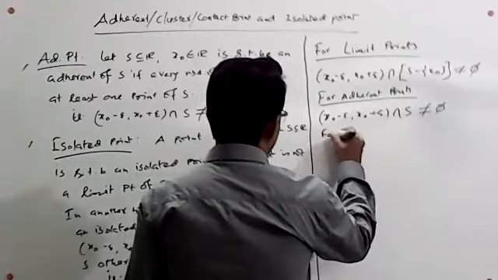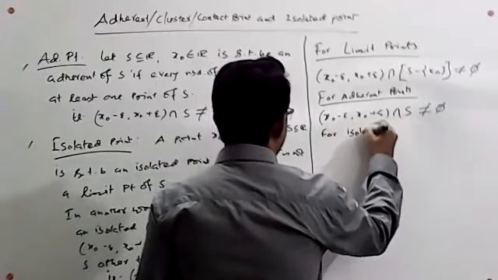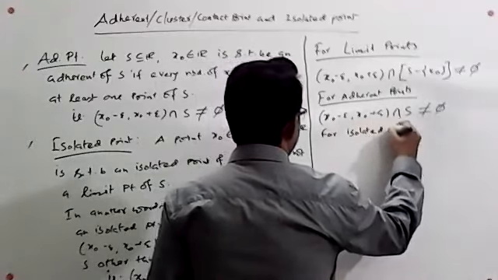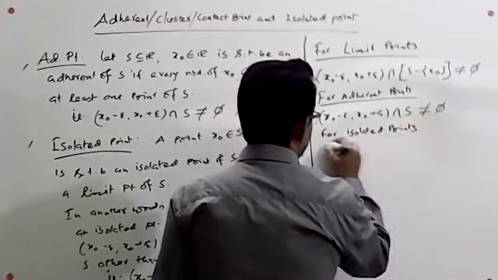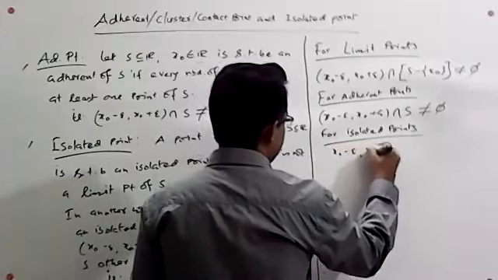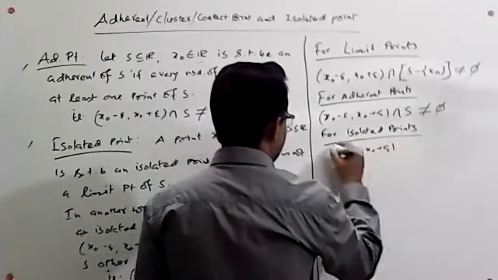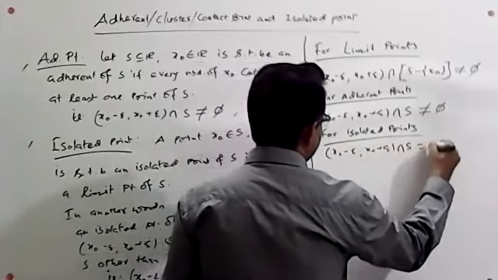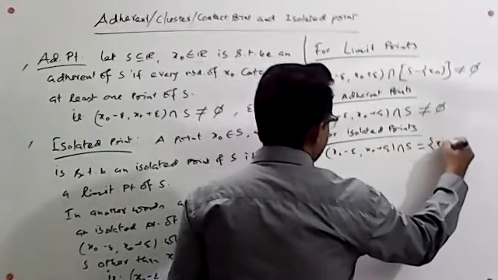For isolated points, we have x naught minus epsilon to x naught plus epsilon intersect with S containing only the number x naught.